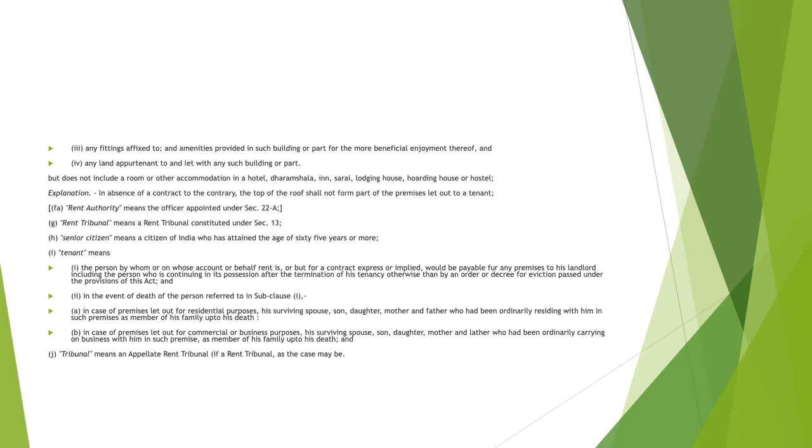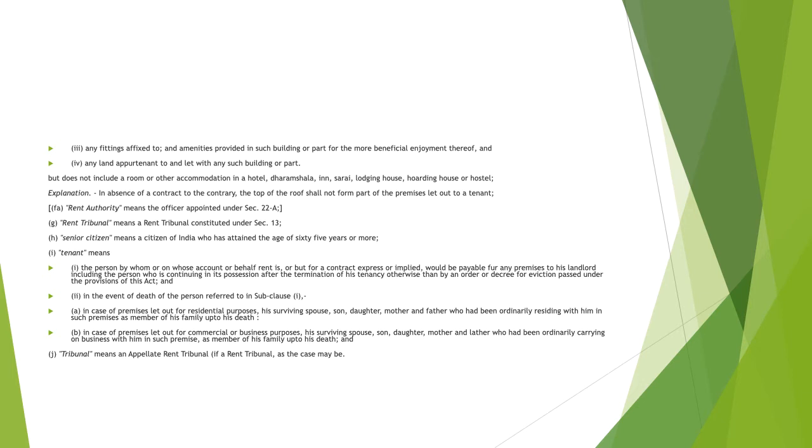It also includes any fitting affixed to and amenities that are provided in such buildings or part or for more beneficial enjoyment thereof, and any land appurtenant to and let with any such building or part, but it does not include a room or other accommodation in a hotel or in a dharamshala, in a sarai or in a lodging house or boarding house or hostel.